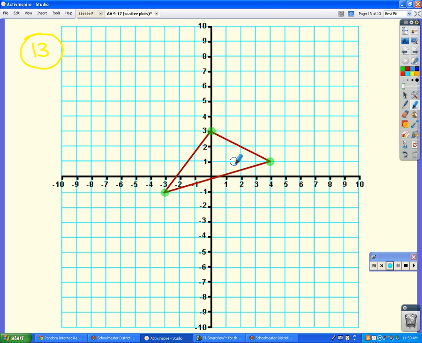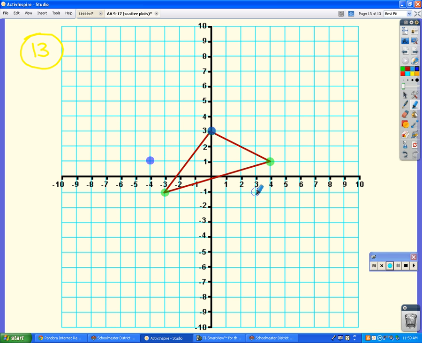How far is it from the y-axis to the right? 4. So how far will I go to the left? Okay, so this would be 1, 2, 3, 4 over there. And that's why that point stays right there, because it was right on it. How far is this one to the left of the y-axis? So it'll go 3 to the right, okay?